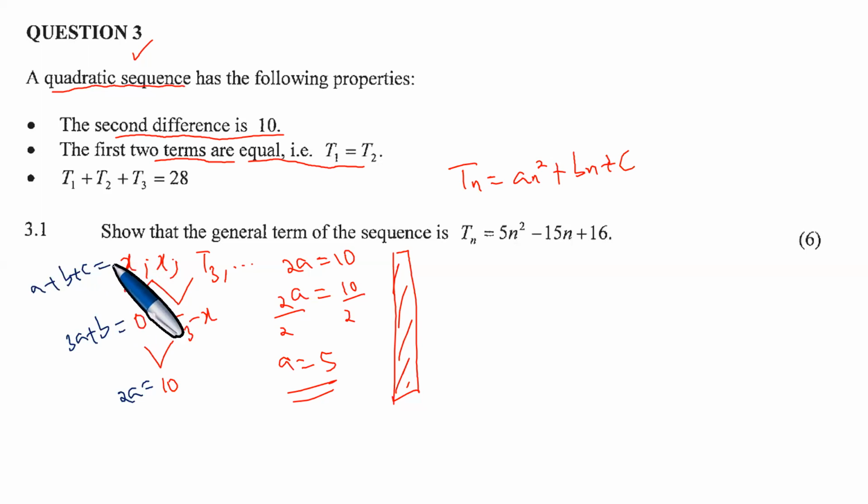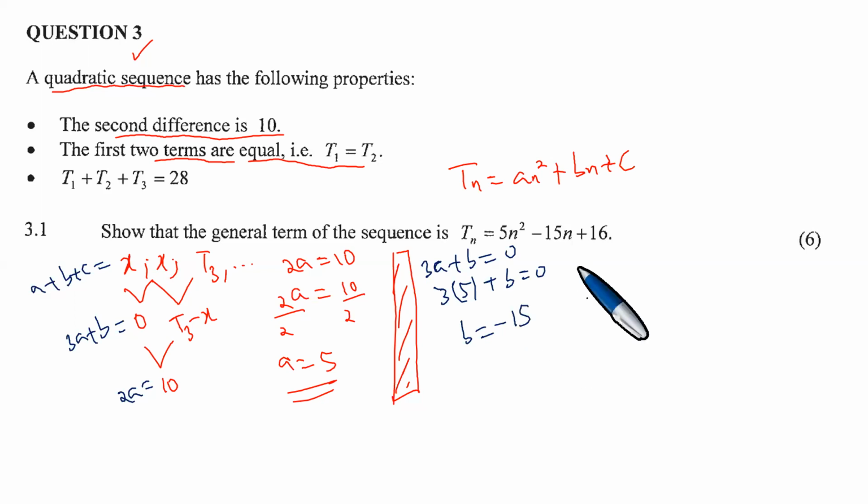So just note that one. Which means we have 3a plus b equals 0. So we got that a is 5, so we have plus b. 3 by 5 is what? It's 15.